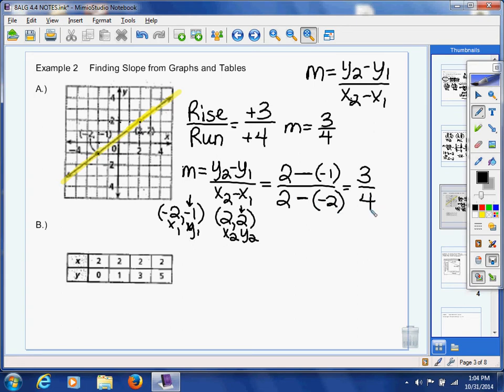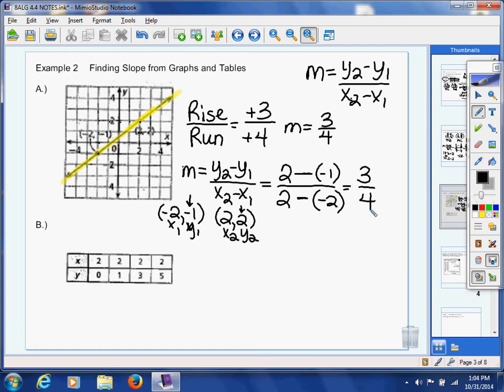So either way, it doesn't matter. If you have a graph, you can use rise over run as long as the line crosses through a grid intersection. 2 grid intersections, you can calculate it using rise over run. If not, plug into the slope formula 2 known points and calculate it that way. So I just wanted to show you both ways so you have options.